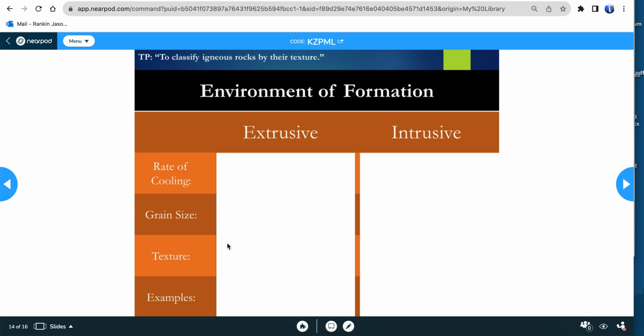Extrusive textures, we have fine and vesicular and glassy. Intrusive, we have coarse and very coarse. Some examples can include obsidian for glassy.